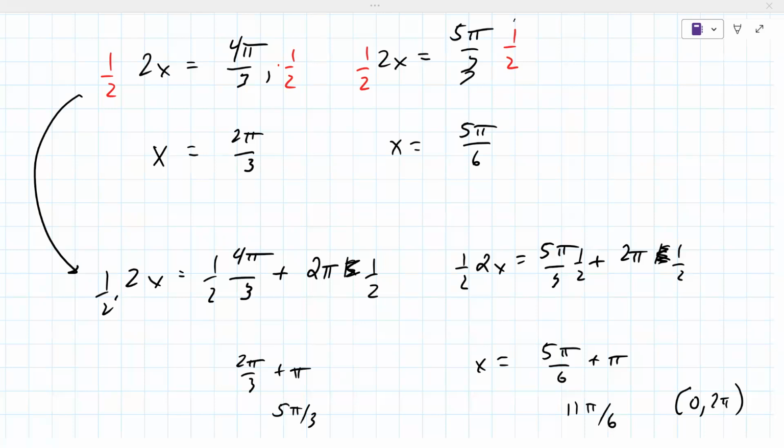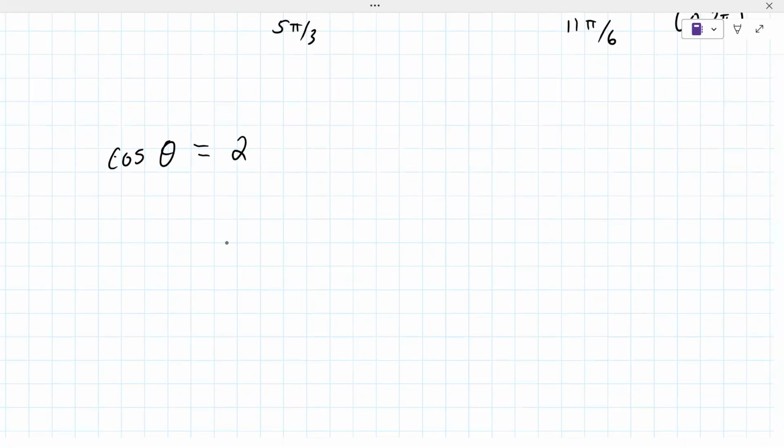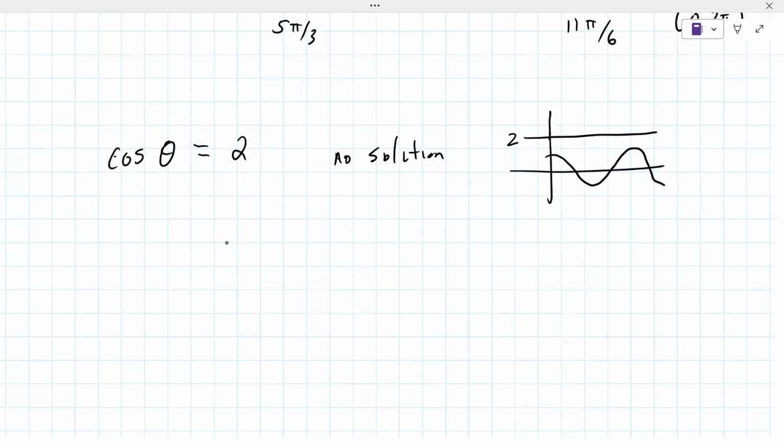There are some other things here that we haven't talked about, but sometimes you'll get something like cosine theta equals 2. The problem will work that out, and this has no solution. Is it clear why that has no solution? It's really based on the graph of this. Can the graph ever hit 2? No. Right.